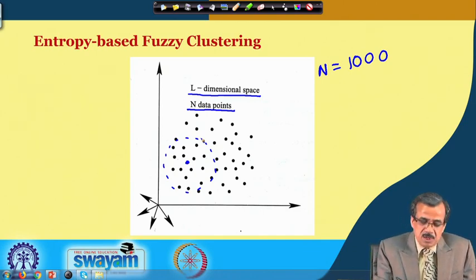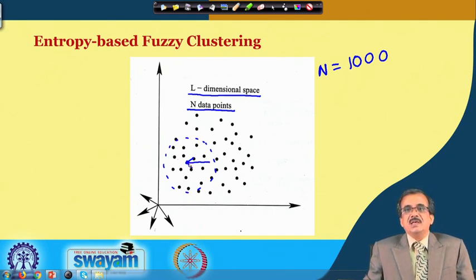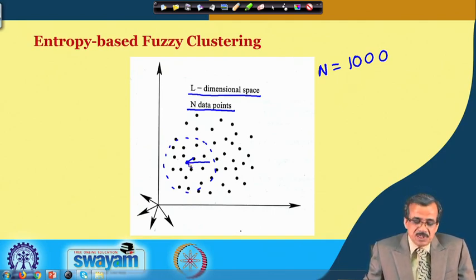Now, we try to compare the similarity of the data point with this cluster center. So, how to find out the similarity? We calculate the Euclidean distance, and using the Euclidean distance information we try to find out the similarity.